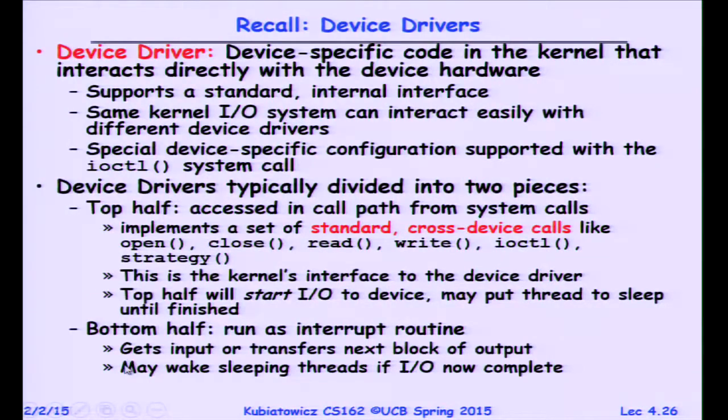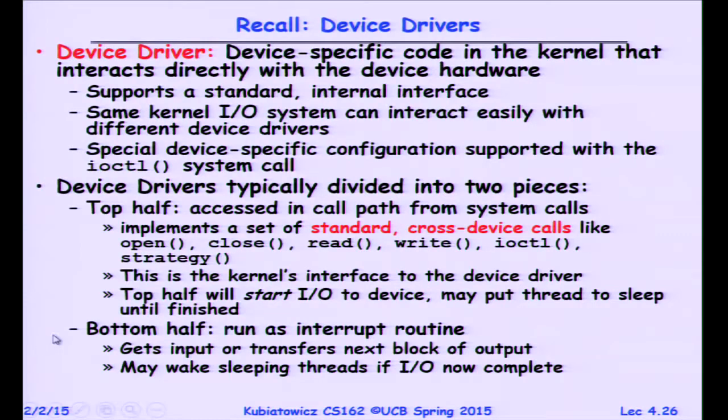The top half is the part that's close to the user, and when you do a read, you go to sleep in the top half. The bottom half is close to the hardware, and that's where interrupts run. So the device driver actually has two levels. Unless, of course, you're in Linux, which reverses these two, so the top and the bottom half are different in Linux. But for now, we're going to do it this way, okay? Because every other operating system has this assignment.